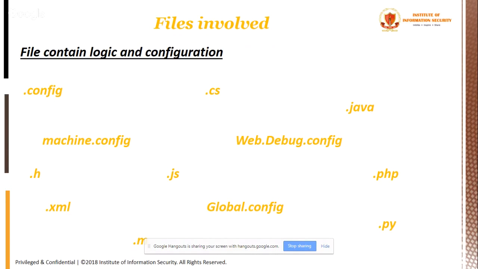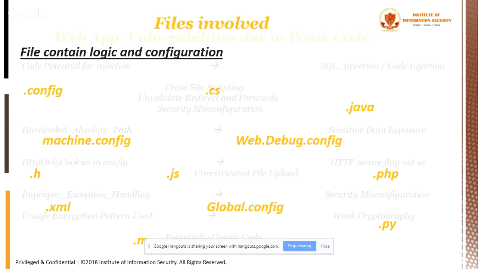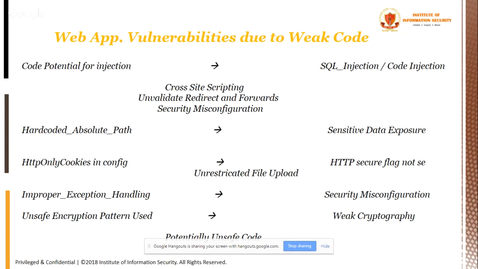Now this is one of the very interesting slides I created. We everyone know that we say the application is vulnerable to injection, the application is weak for sensitive data exposure, and the application is weak for security misconfiguration.